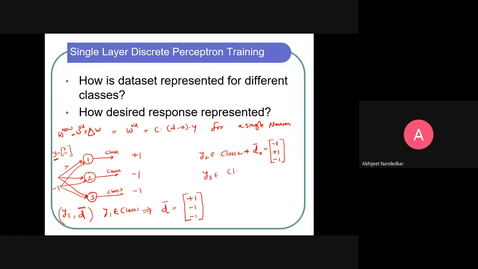If y3 belongs to class 3, what will be the desired response? It will be a d3 vector: -1, -1, and at the third position I want +1. Okay, so this is the way we represent desired response. Okay, so now how do I represent my data?